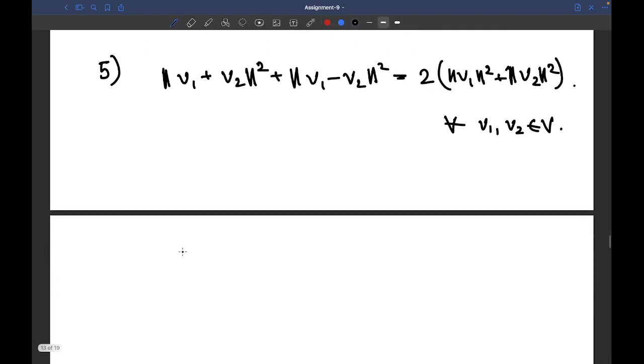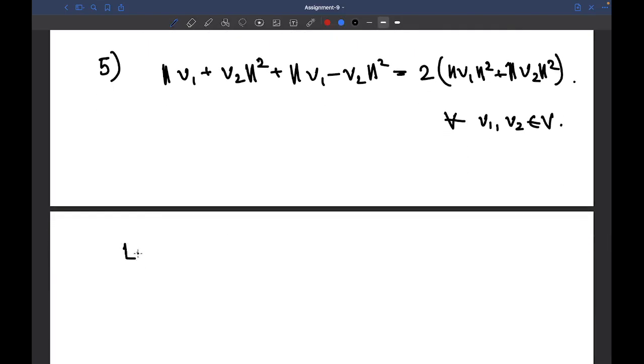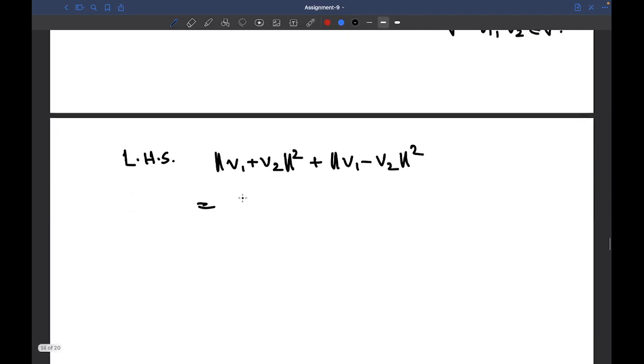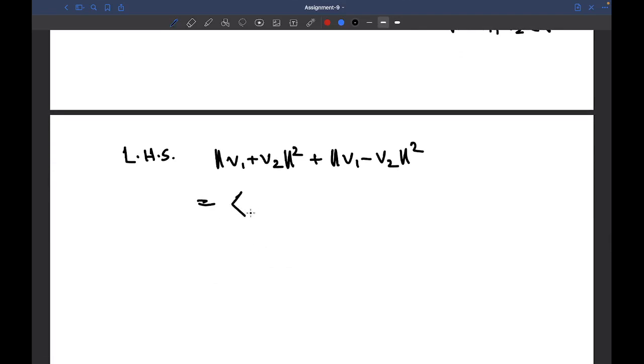So let's check this. Start with the left hand side: norm of V1 plus V2 square plus norm of V1 minus V2 square. Norm square means it is the inner product with itself, so the inner product of V1 plus V2 with V1 plus V2, plus the inner product of V1 minus V2 with V1 minus V2.